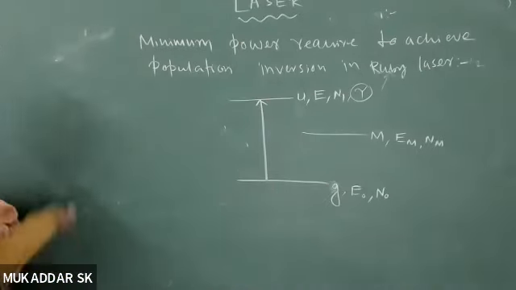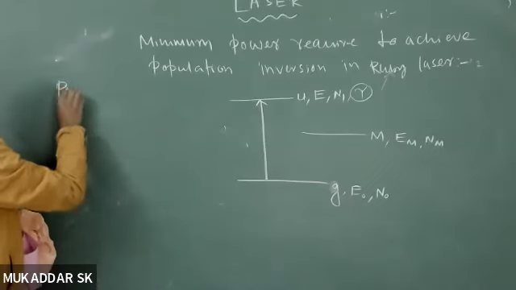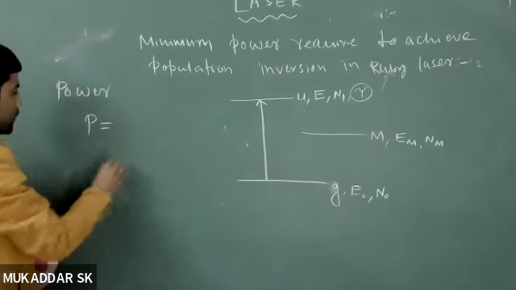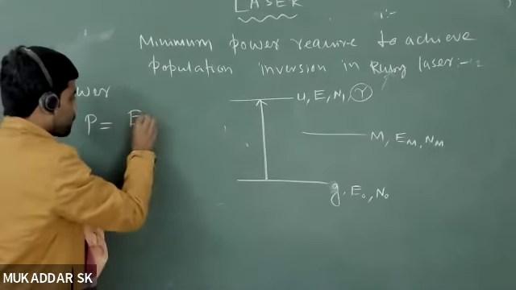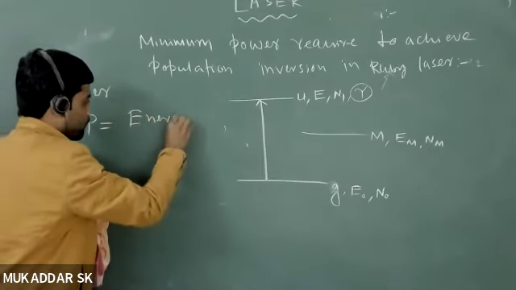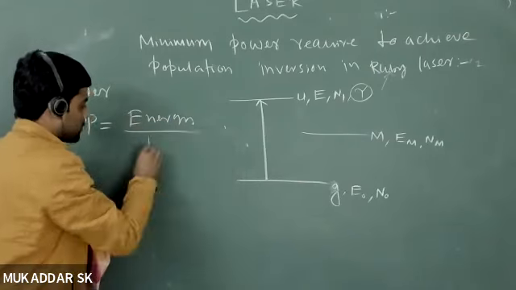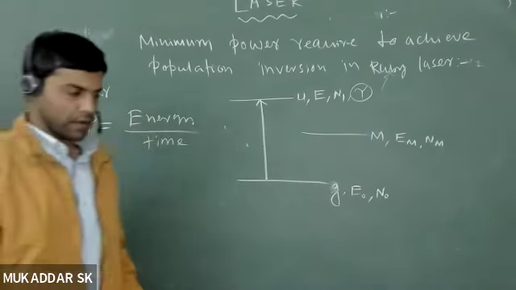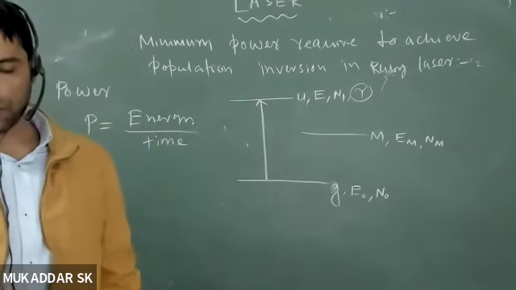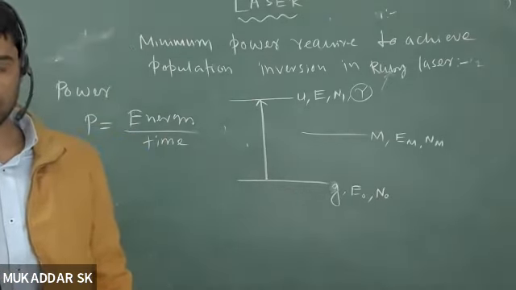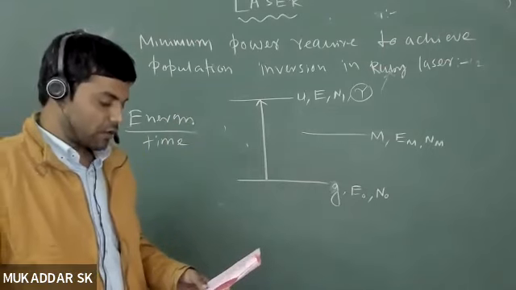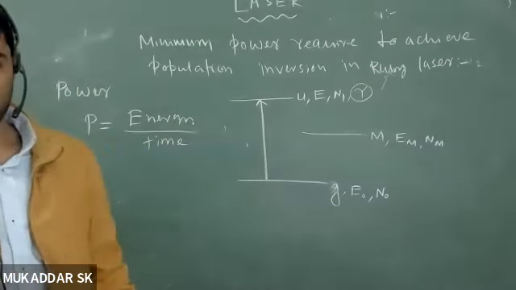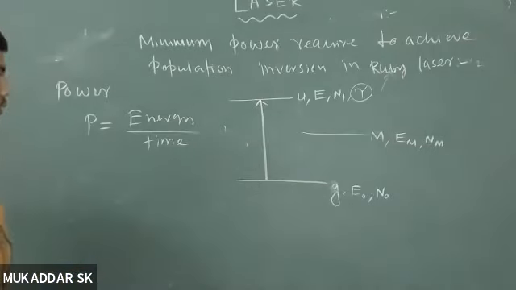Now, what is power? Power P is nothing but energy per unit time. Please repeat the last statement. N_on by tau represents the number of atoms or ions decaying per unit time from the upper level U. Okay sir.